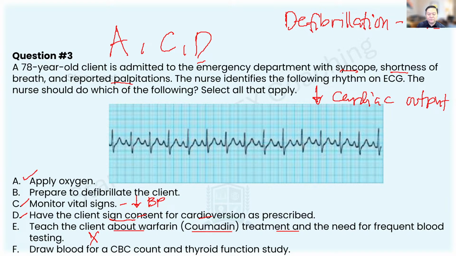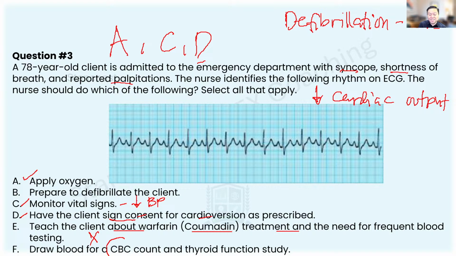Now, what about letter F? Draw blood for CBC and thyroid function study. Do you think that would help the patient at this instance? No. And of course, the laboratory CBC will not really help out in this scenario, okay?